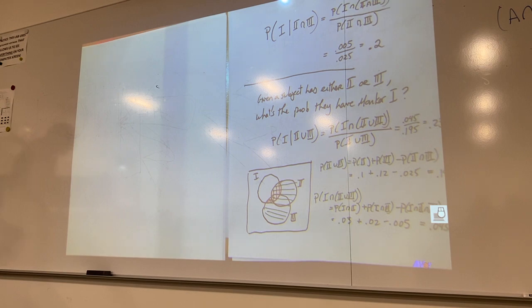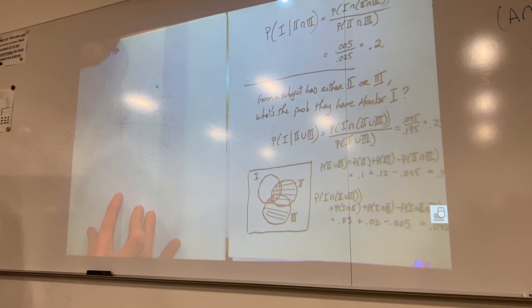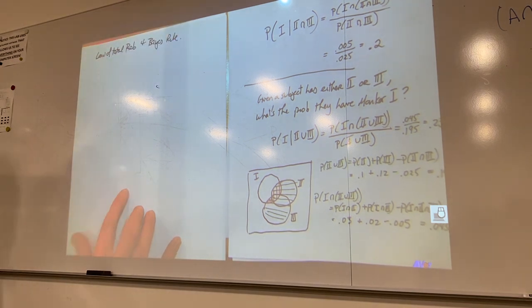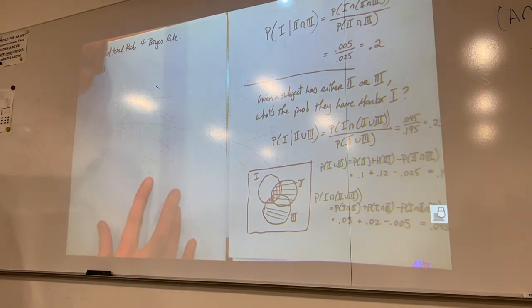And here is kind of the mechanism that makes Bayes' rule work, and I'll call this the law of total probability and Bayes' rule.